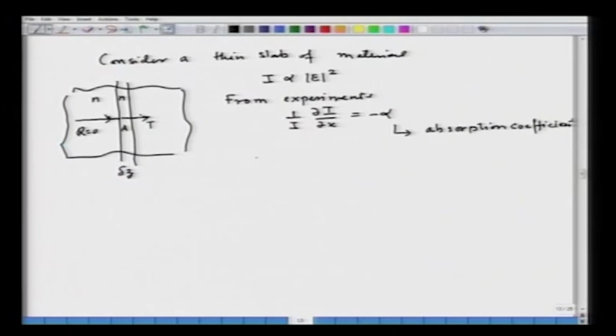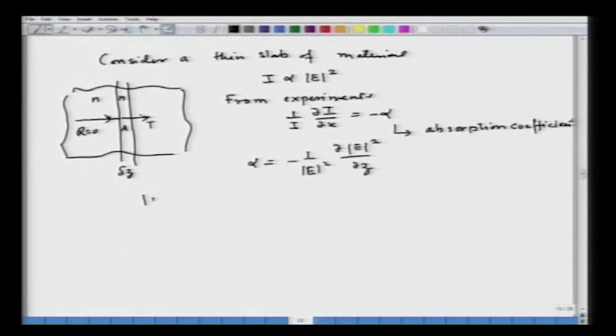So, since we can now try to see what this is going to be equal to, we know I is related to E square. So, this is going to be 1 over modulus of E square, and I can take from my earlier equation an expression for E in the media.